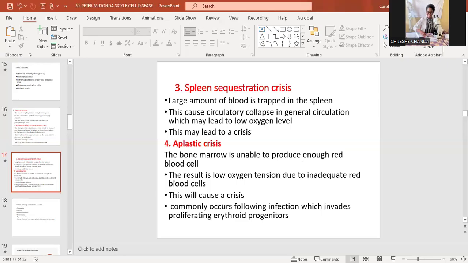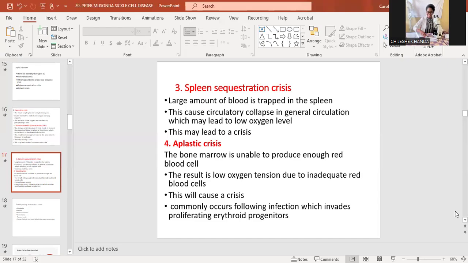This causes a collapse in circulation, and so there isn't enough oxygen carrying capacity in the bloodstream, and so this patient will go into a crisis. This is a life-threatening crisis because large amounts of blood will be in the spleen.